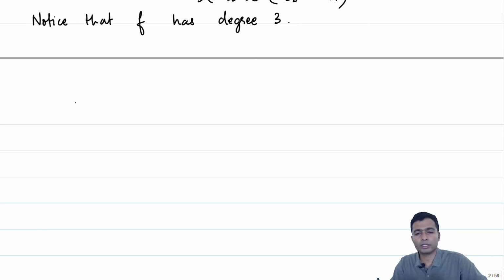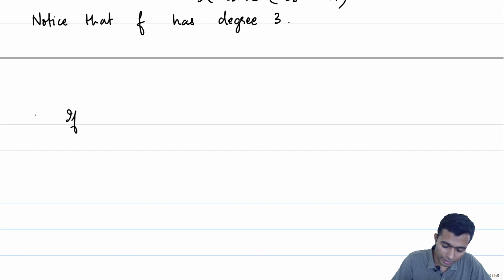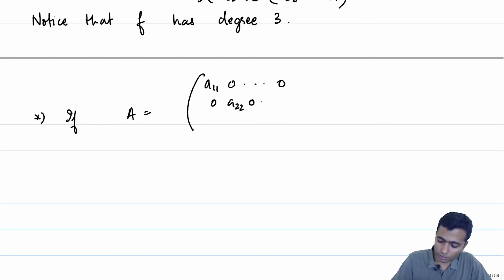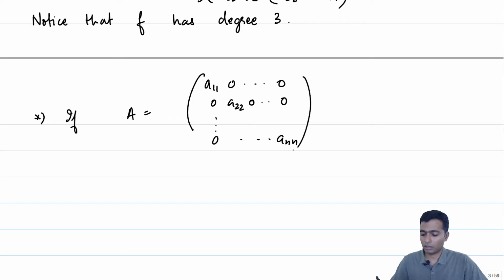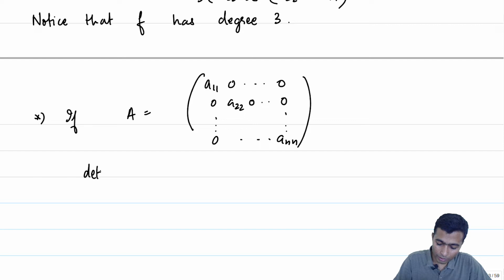However, in the particular case when our matrix is a diagonal matrix, the characteristic polynomial turns out to be particularly nice. So this is another example. Suppose capital A is the diagonal matrix diag of A11, A22, up to ANN. Then what is the determinant of A minus lambda I?